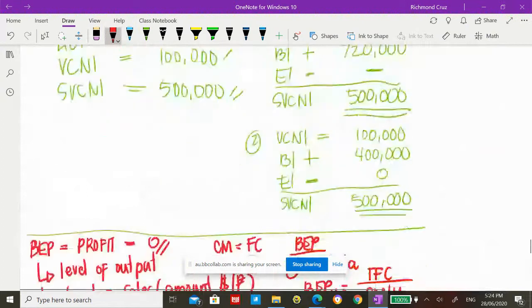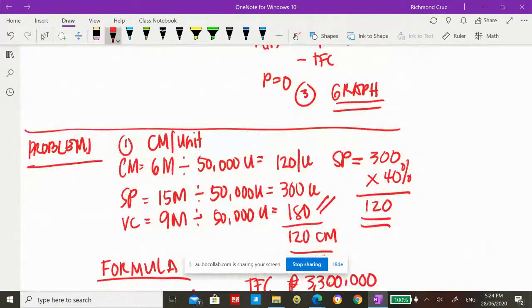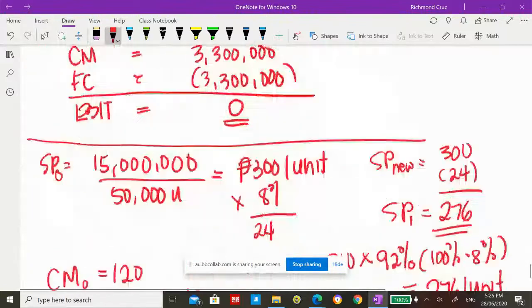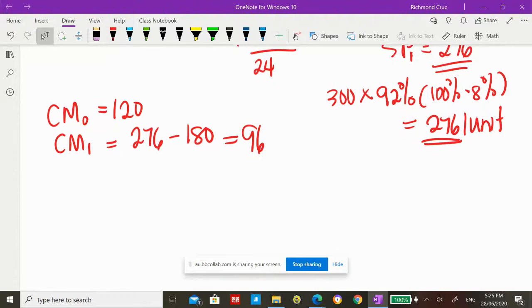There is no change in our variable cost per unit. So, it's still 180. So, lalabas, ang CM per unit natin is 276 minus 180. So, that is 96. Take note, yung dati nating contribution margin, 120. Bumaba yung contribution natin, 96.